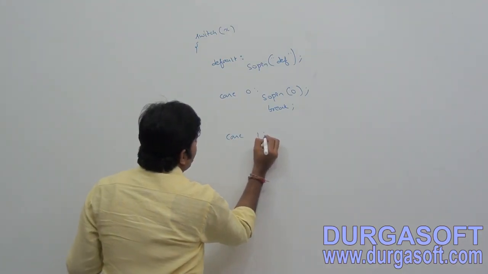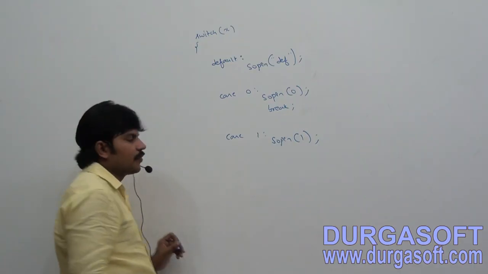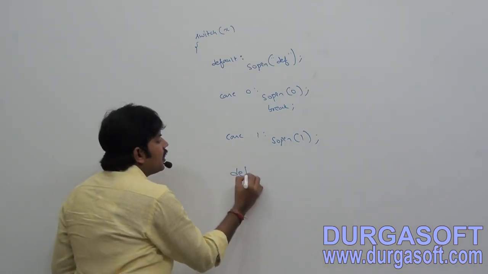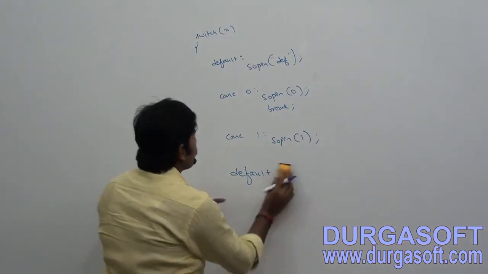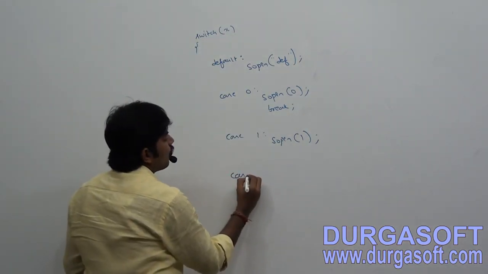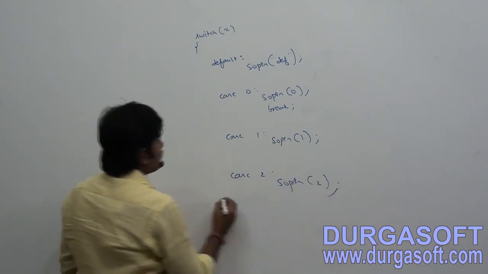Next, case 1: SOP of 1. Next, sorry, case 1 we took. Next, case 2: SOP of 2. Like this I am taking.